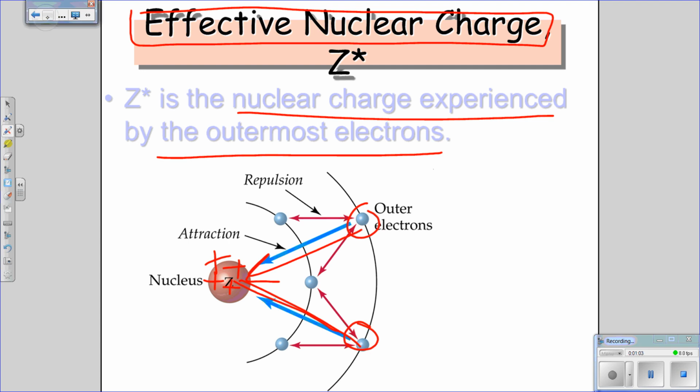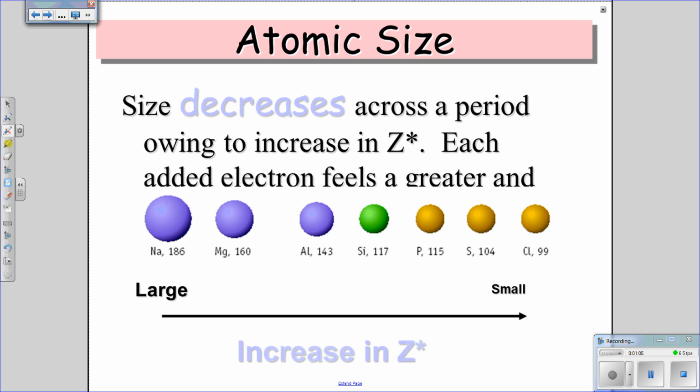So what does that look like? As you go across the periodic table, you take the third period where you start with sodium, right? Sodium has 11 protons, 12, 13, 14, 15, 16, 17 protons. So the reason why atomic size decreases as you go across a period from left to right has to do with effective nuclear charge.